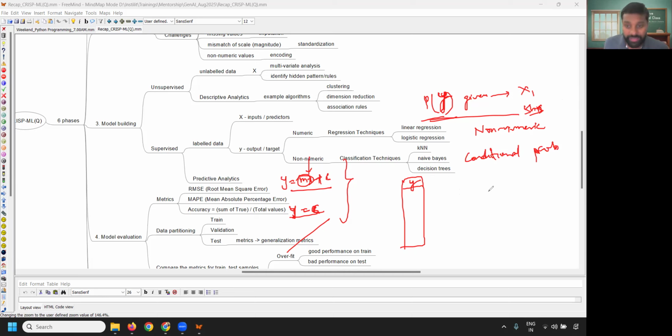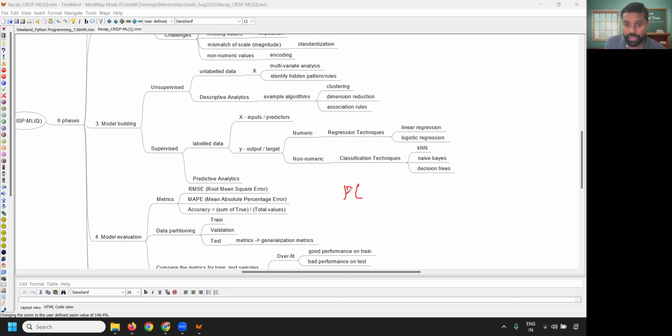Given the student is preparing for 5 hours, we'll write it like this: probability of class given the condition. What is the probability of the student passing the exam given preparation time?